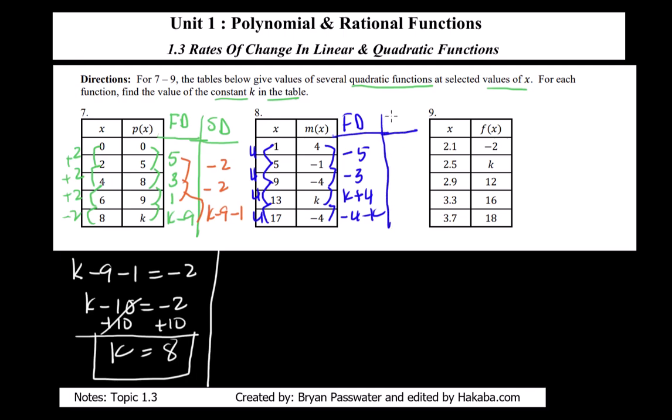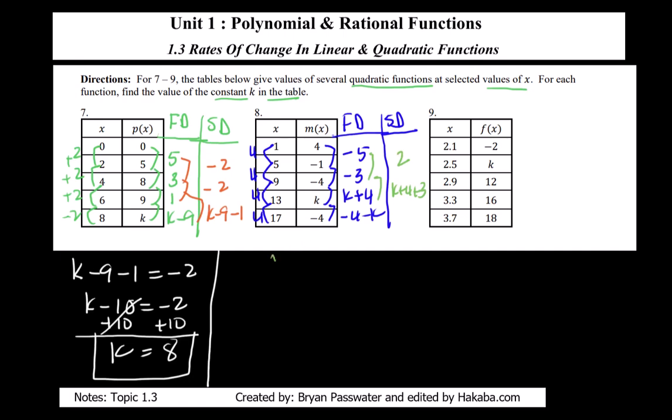Now let's do the second difference. So negative 3 minus negative 5 is positive 2. K plus 4 minus negative 3 is k plus 4 plus 3. We don't have to do the other one because we know the second difference must be 2.